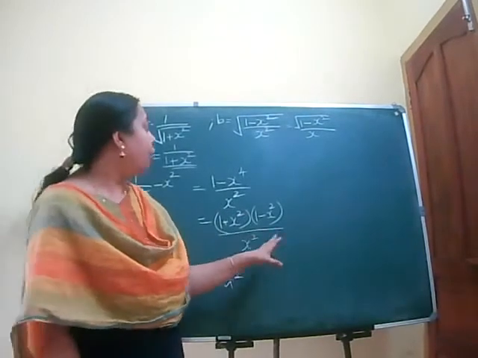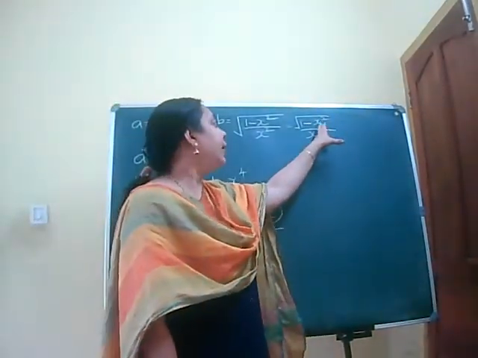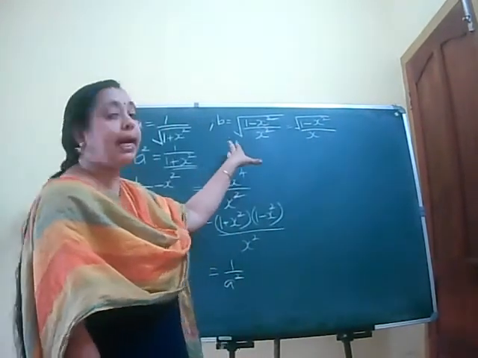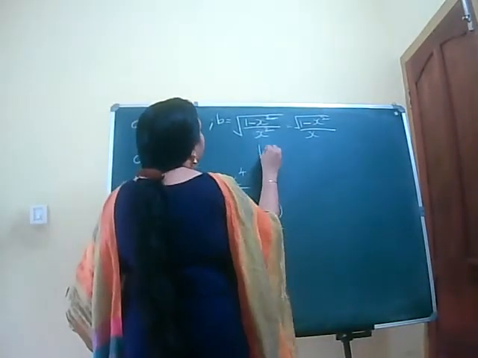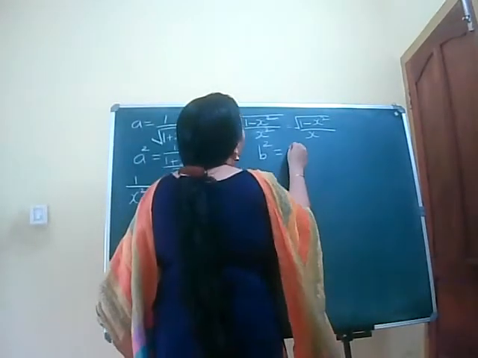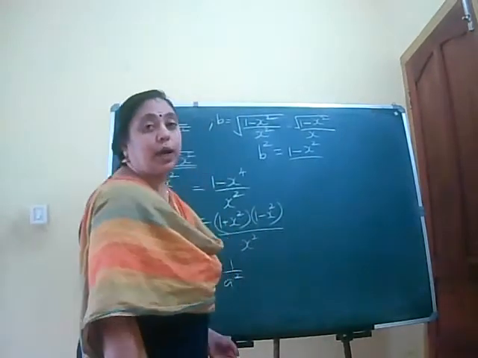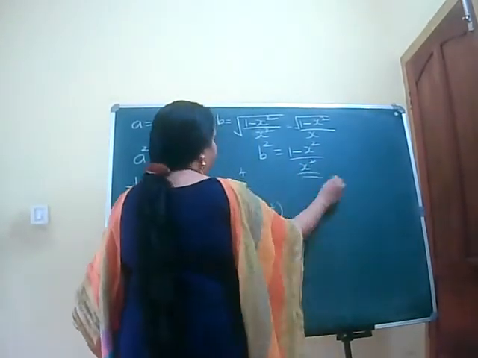Similarly, we have B is square root of 1 minus x square divided by x. Then just take the square of B. That is, B square is 1 minus x square divided by x square.